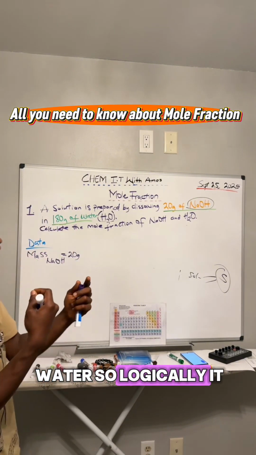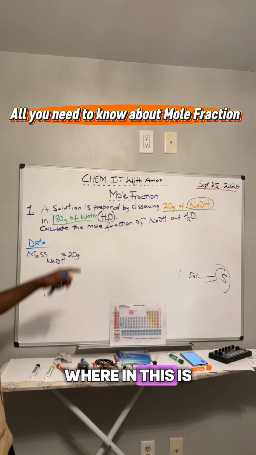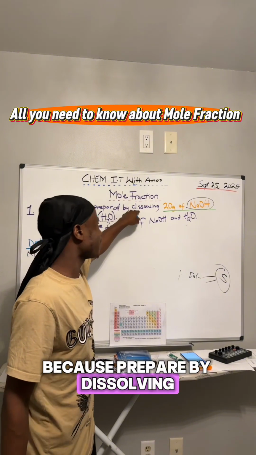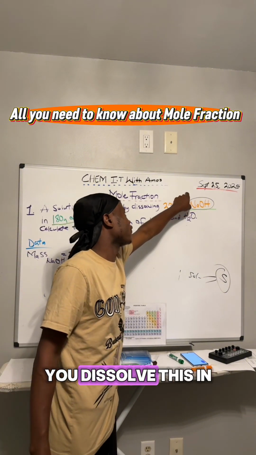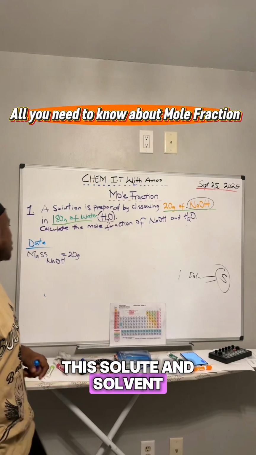Logically, it tells you that this is the solute and this is the solvent, because it says prepared by dissolving 20 grams. You dissolve the solute in the solvent.